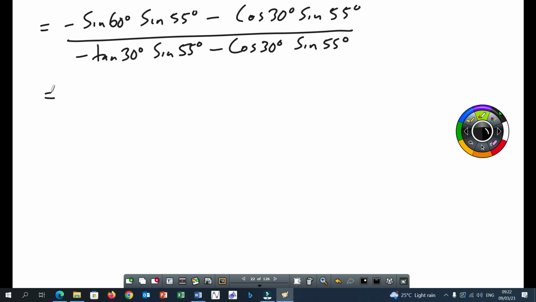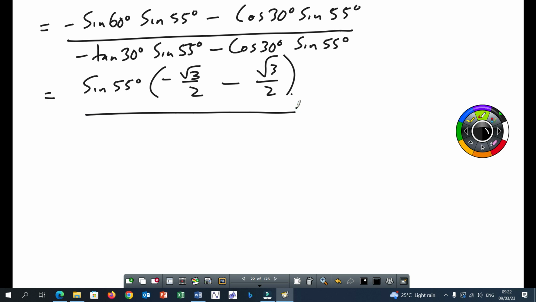Okay? Now you can see that we have a common factor in the numerator, which will be sine 55 degrees. Then I'll convert this minus sine 60 to give me minus square root of 3 over 2 minus, here I'll get another square root of 3 over 2 all over. Are you following there?